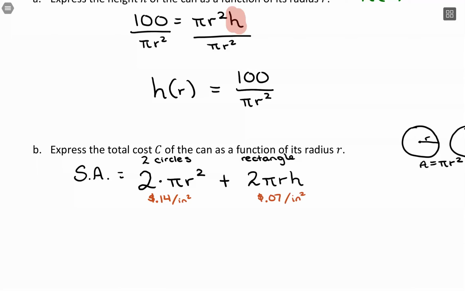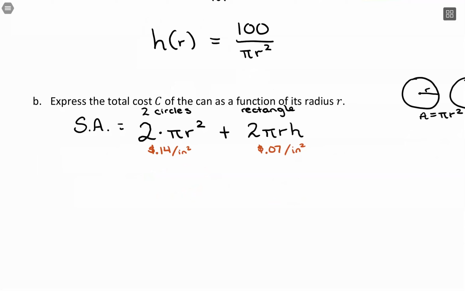So what I'm going to do is multiply, because whatever area I have for the two circles, if I wanted to know the cost, I would just multiply it by how much it costs per square inch. So this function, cost as a function of r, I'm going to have that 0.14, so that 14 cents, times 2 pi r squared, plus the rectangle, so 7 cents per square inch, times 2 pi r h.